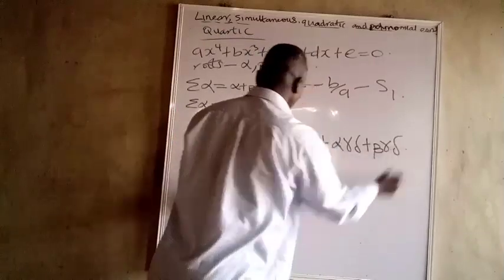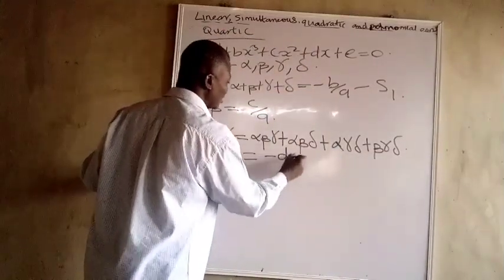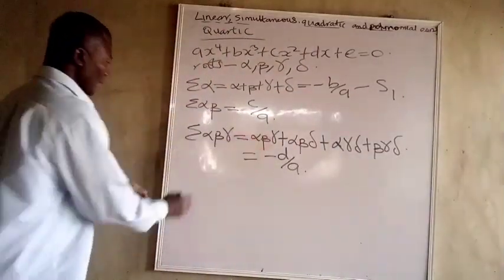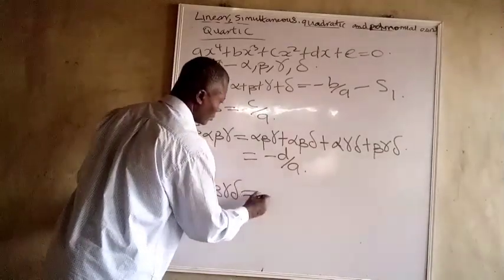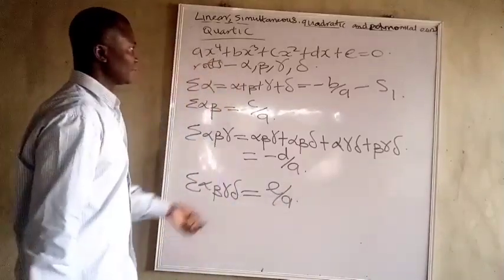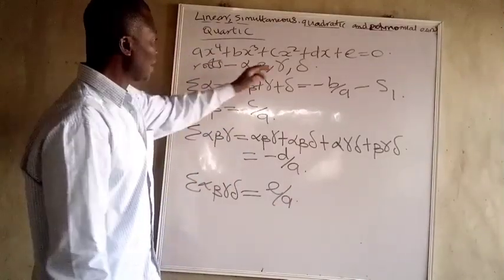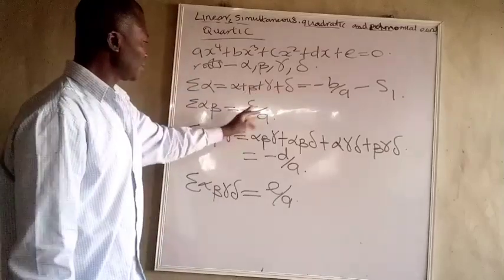That's what it means, and we refer to this as minus d over a. So for all of the products, that is e over a. You can see positive, negative, positive, negative, positive.